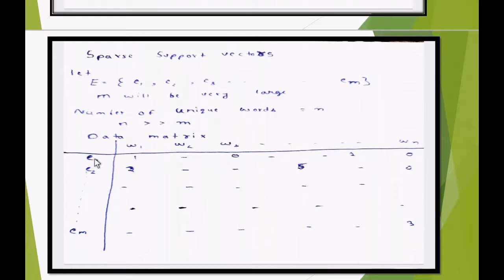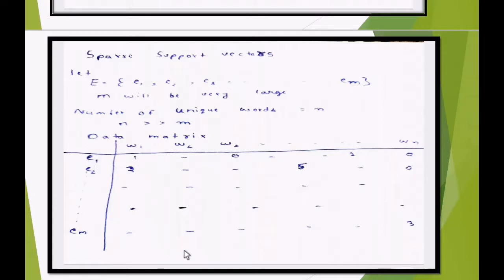Now we form our data matrix, where E1, E2 are the emails, and W1, W2, W3 are all the unique words. This entry 1 means that in email 1 word 1 occurs one time. This entry means that in email 2 word 1 occurs 2 times. So this whole matrix is going to be very sparse, because there are trillions of columns, and an email can have at most 100 or 200 words.